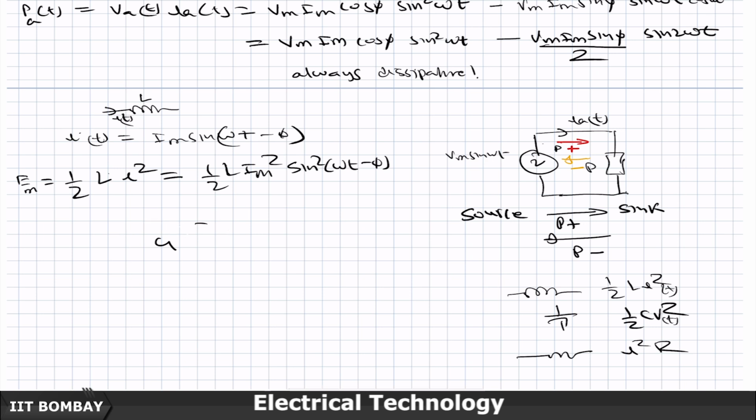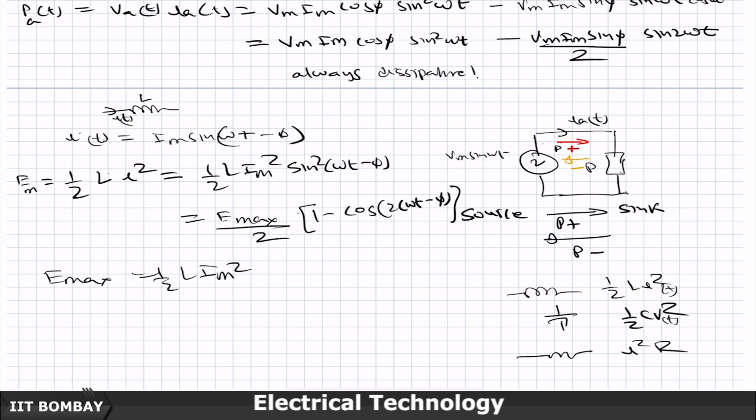Its peak value Emax is going to be half of L Im square, and then I will write it by 2, and 2 sin square of omega t minus phi I will write as 1 minus cos of twice of omega t minus phi.